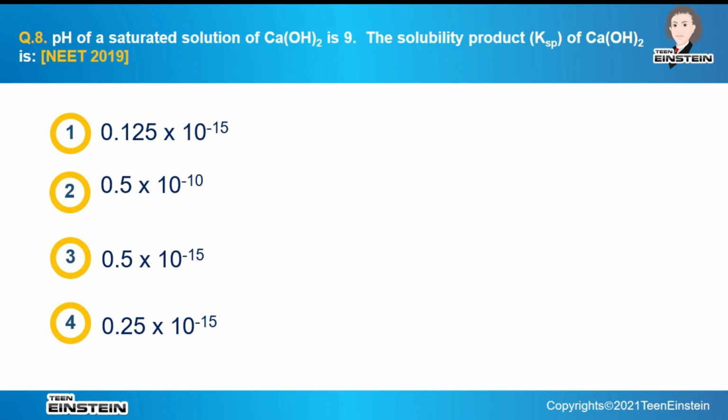So here they have given the pH of calcium hydroxide and we want to determine the solubility product of calcium hydroxide. So we want to write the equilibrium of calcium hydroxide. So the equilibrium of calcium hydroxide is Ca(OH)2 in equilibrium with Ca2+ aqueous plus 2 OH− aqueous.